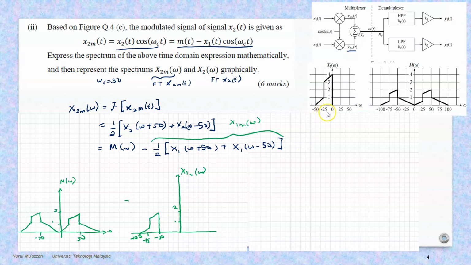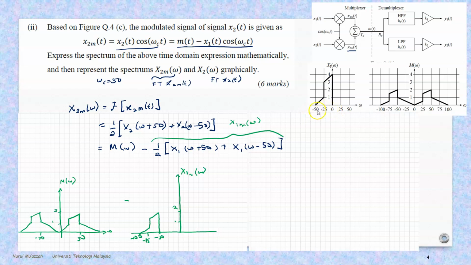When we minus 50, we will get negative 75. Why do we minus 50? Because omega c is 50, so we want to shift this to the left. And this point here, negative 50, we minus another 50, we will get negative 100. So this is for the negative part. For the positive part, we need to add 50 to all these omega values here.